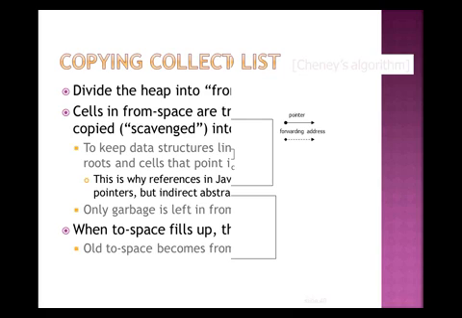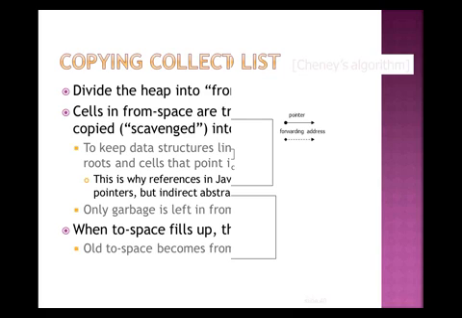The next point says the cells in from space are traced and the live cells are copied into the to space. That is, first the cells coming from the from space are traced, and then the live cells are copied into the to space.